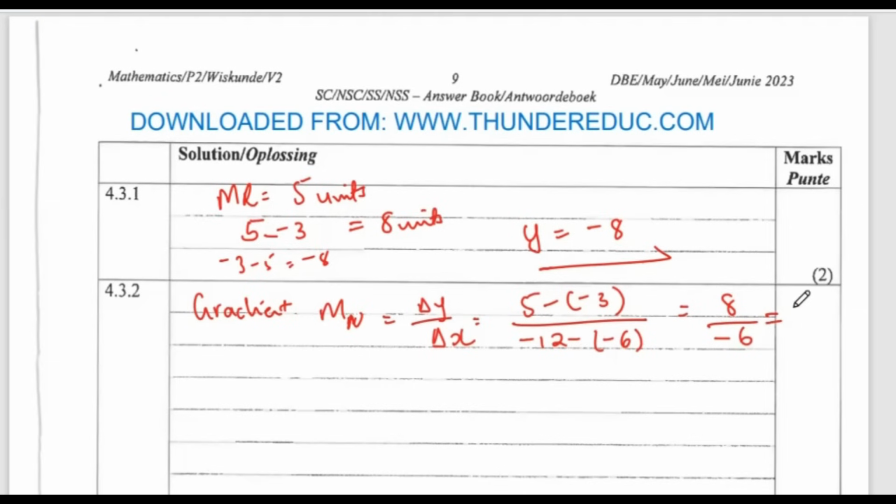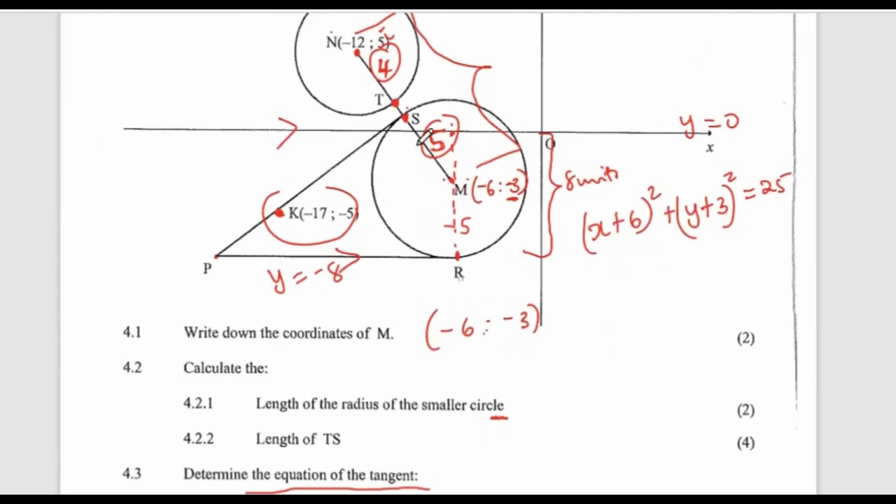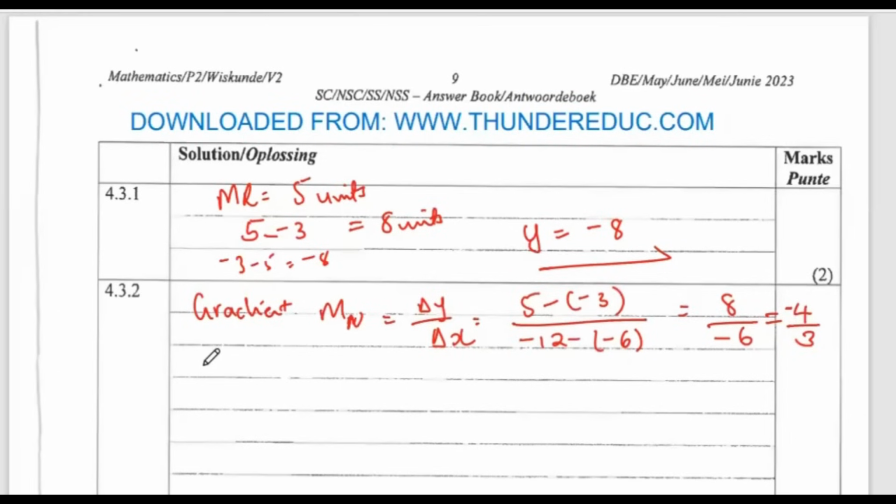And that's giving me very negative. But one thing I know is that this is more like a radius. Let's say MS is a radius. But we know that the radius and the tangent will be perpendicular. So from my m1 times m2 being equal to negative 1, the condition for perpendicular lines.